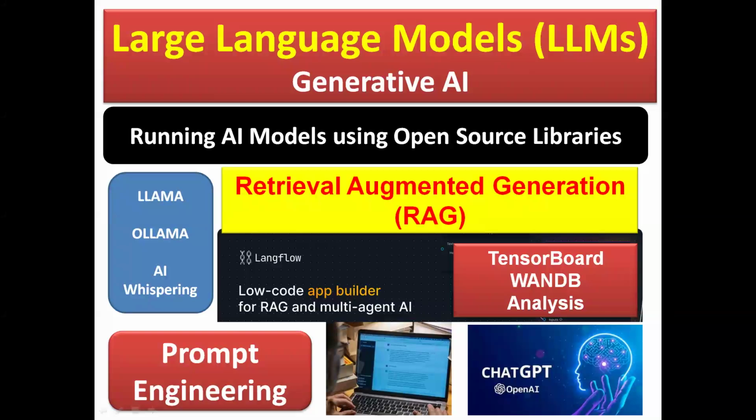But in this particular timeline of AI, generative AI, if we equip ourselves with recent tools and technologies, then you will see there are lots of job opportunities available. Some of you might be students preparing for placements.